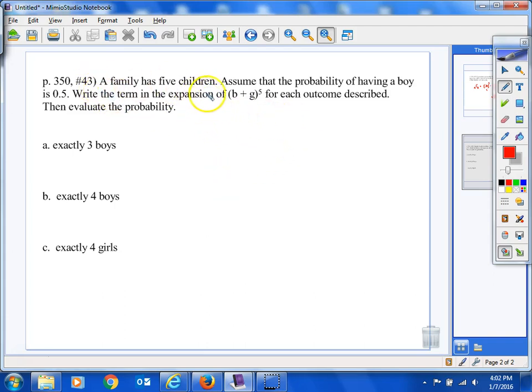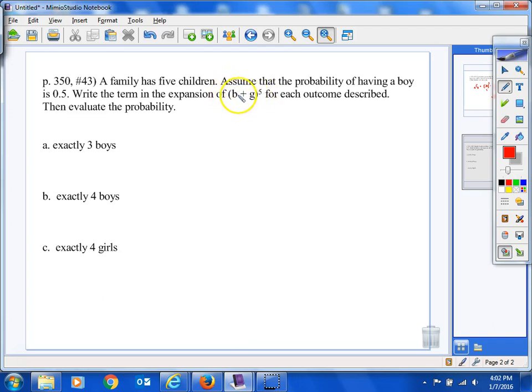So we have this family that has 5 children, and the probability of having a boy is 50%, so therefore the likelihood of having a girl also 50%, of course. And this kind of confuses some people, so I just wanted to make sure you understand. Write the term in the expansion of. All this means it's really the same thing we were doing earlier in class.